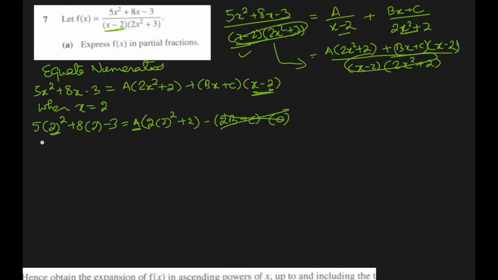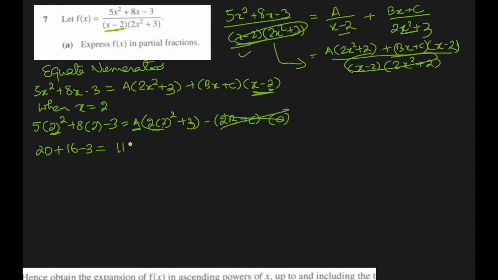2 squared is 4, times 5 is 20. 8 times 2 is 16, minus 3, equal to A times... So we have to simplify the bracket first. 2 squared is 4, times 2 is 8, and plus 3, it is 2x squared plus 3, I wrote 2 by mistake.